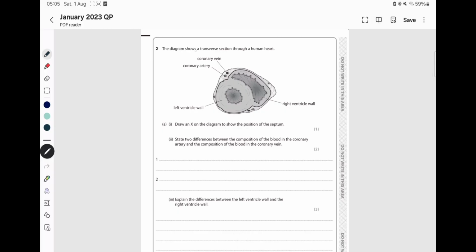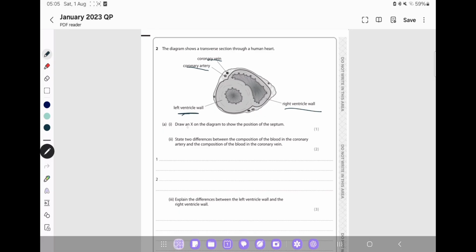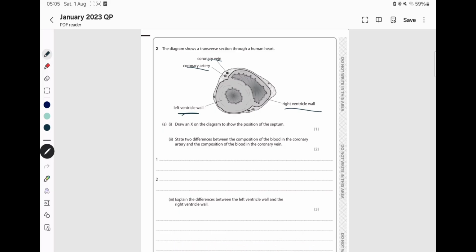Okay, the diagram shows a transverse section through a human heart. It's showing us a transverse section through a heart of a human. Here we have a couple of labeled structures. We have the coronary vein, we have the coronary artery, left ventricle wall, right ventricle wall. Draw an X on the diagram to show the position of the septum. What is the septum?